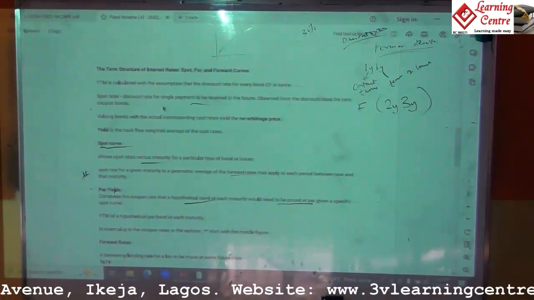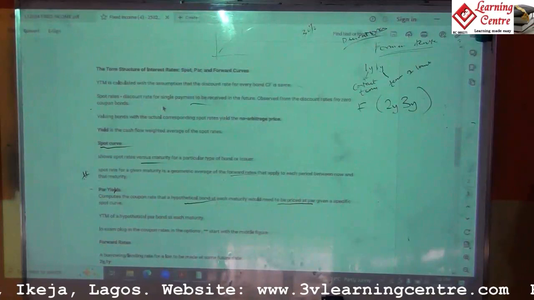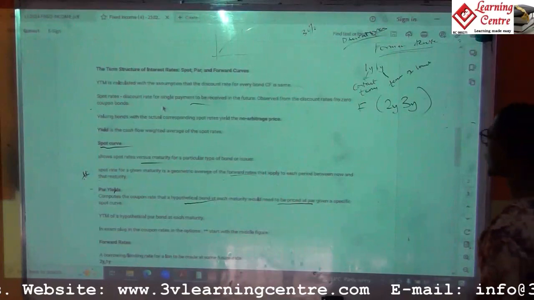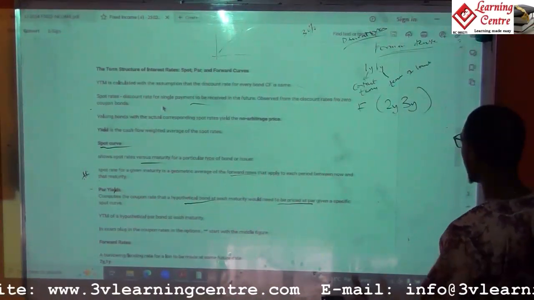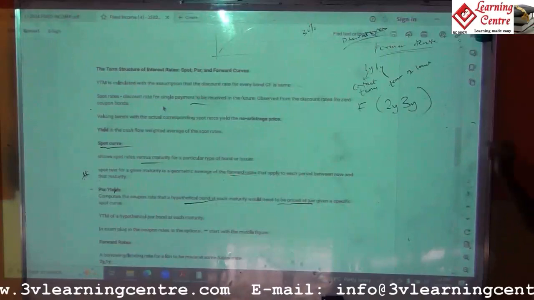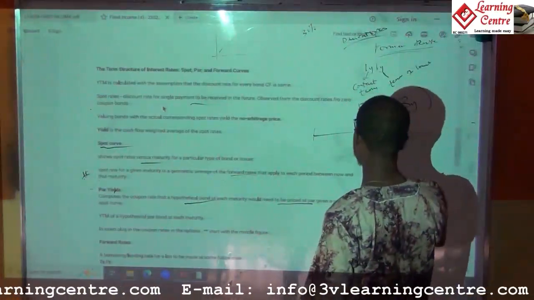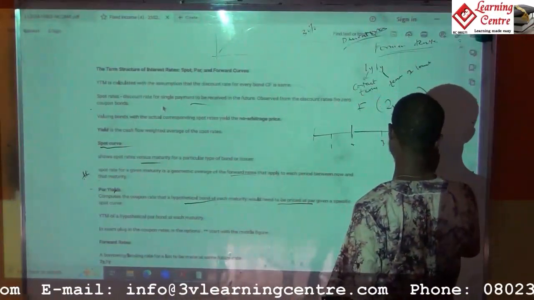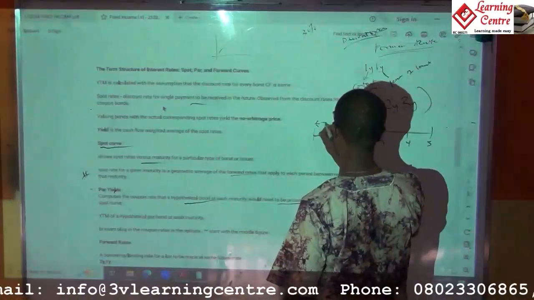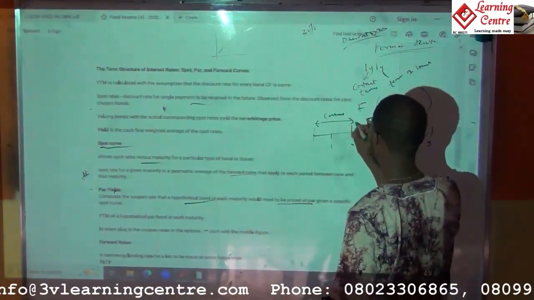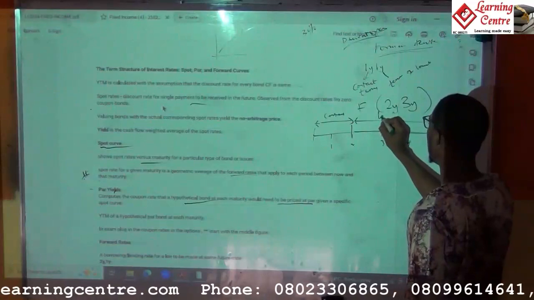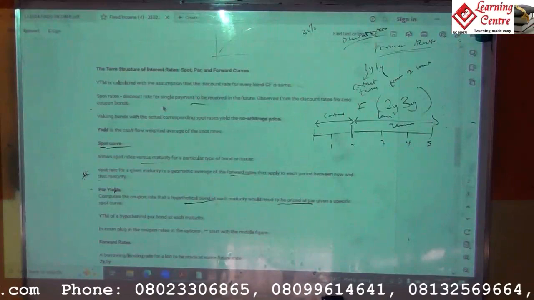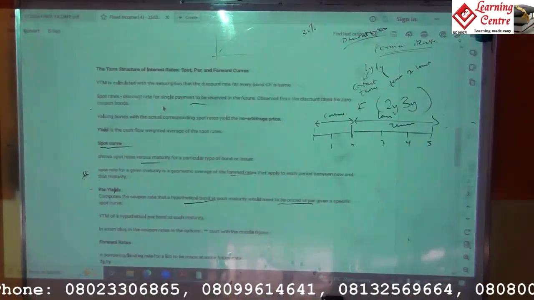That means a 3-year loan that will start in 2 years' time. Okay, that's 5 years. If you put it on the number line 1, 2, 3, 4, 5, this is the contract, and this is the loan tenure. So this is how forward contracts work.